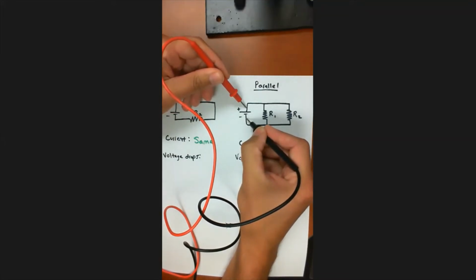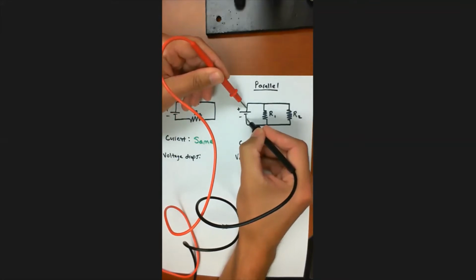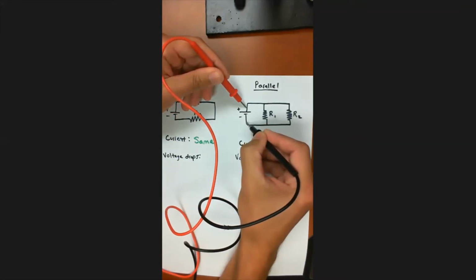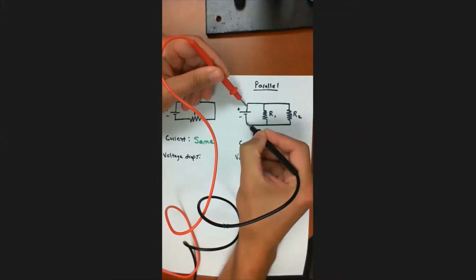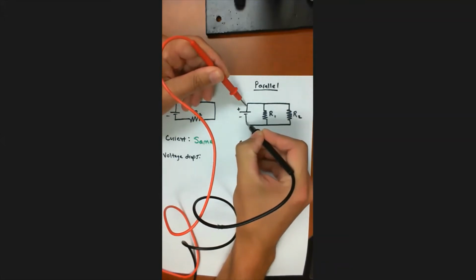So if the wire has zero resistance, then it has no voltage drop. So we do not drop voltage. The voltage does not change as we're just going along a wire. Why? Because of Ohm's law, V equals IR, and if R is zero, then V is zero.